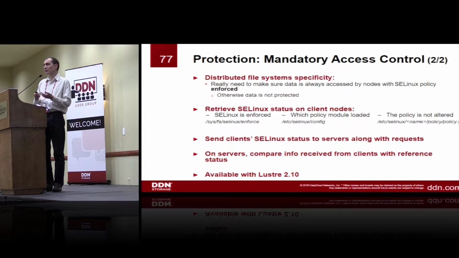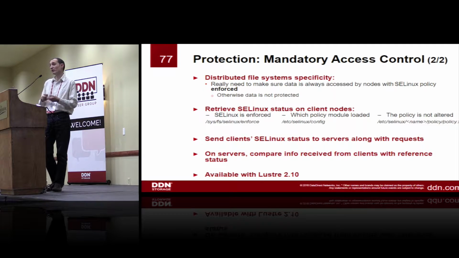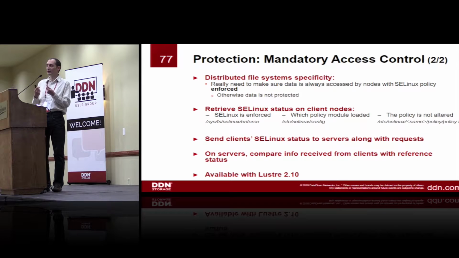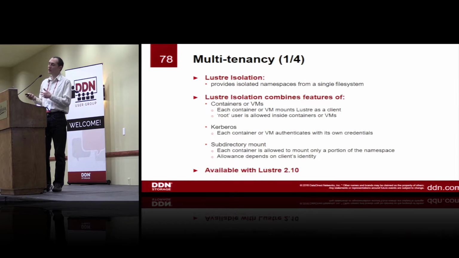On the server side, we compare this information with a reference information that represents what the SELinux enforcement on the client nodes should be. If they do not match, it means that SELinux has been tampered with on the client node, so we decide to refuse the connection from this client. This feature will be available in the community release of Lustre 2.10.